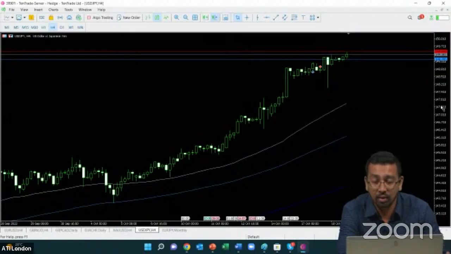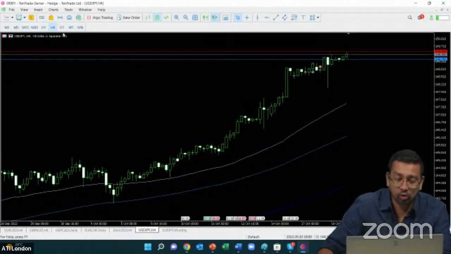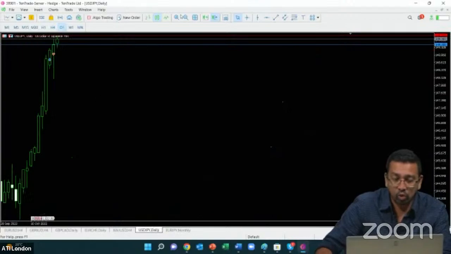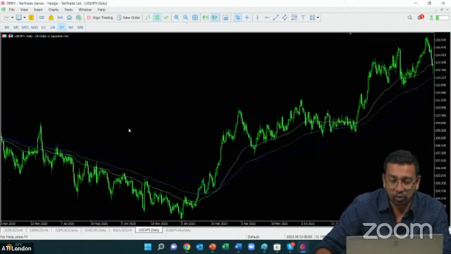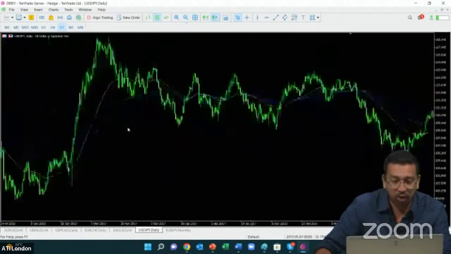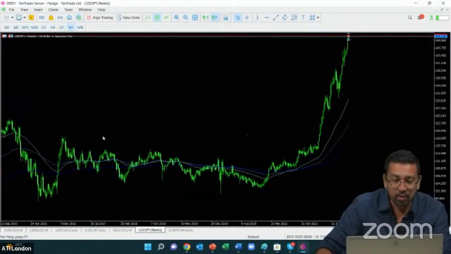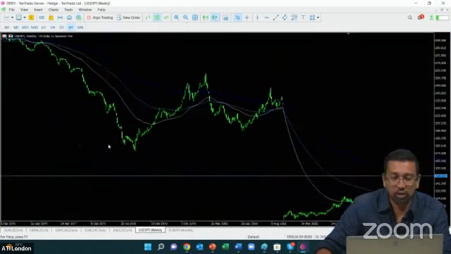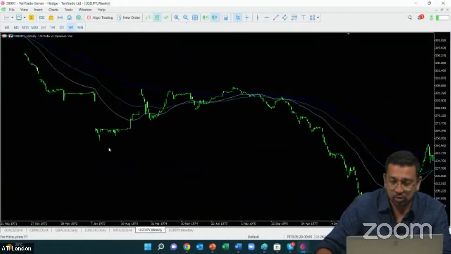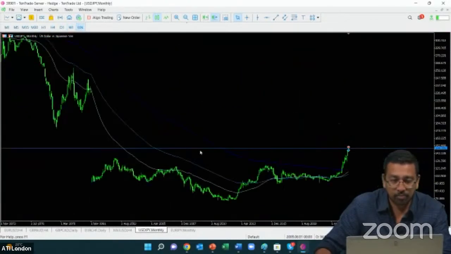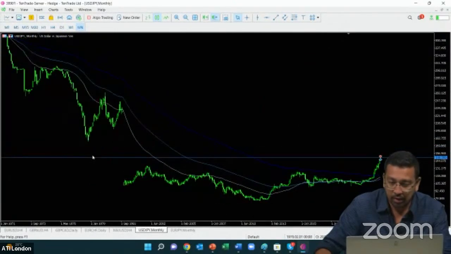So I wouldn't buy right now because it would maybe just reverse at the 149.50 area, because that's where the psychological level is. So what I would need to do is go on to a bigger time frame to look to my left and see whether or not I have got any reference point for previous bullish mother candles and things like that. So let's just look at it. Okay, there's not much reference point to the left.